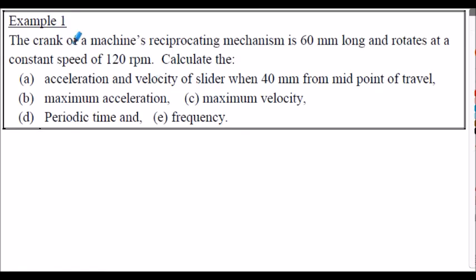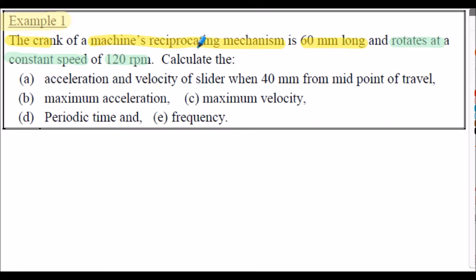Let's consider example 1. The crank of a machine's reciprocating mechanism is 60 millimeters long, and it rotates at a constant angular velocity or constant speed of 120 rpm.